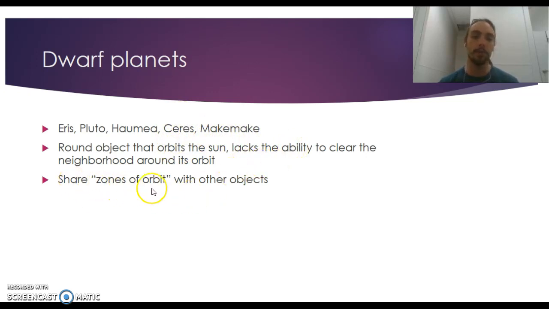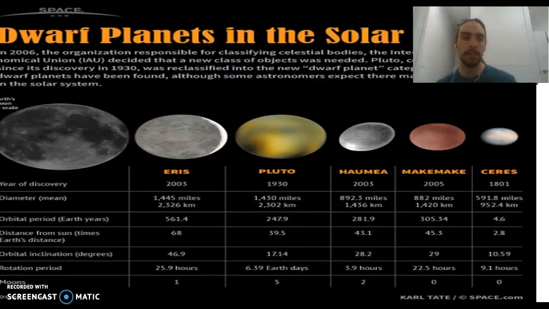They share zones of orbit with other objects, and that's why they lack the ability to clear the neighborhood around their orbit. When they're orbiting, there are other things also orbiting with them, and they're unable to clear that orbital zone.